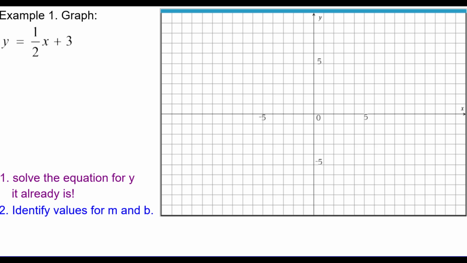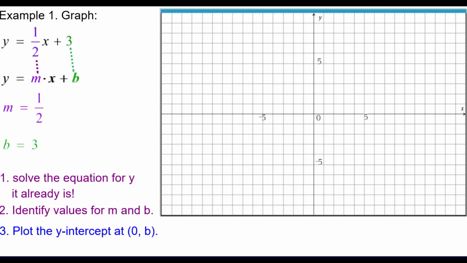We need to identify the values for m and b. So what I like to do is write the equation right beneath it, and the coefficient of x is m. The number added on there at the end is b. And so m is positive 1/2 and b is equal to positive 3. Remember, press pause anytime if I'm going too fast.